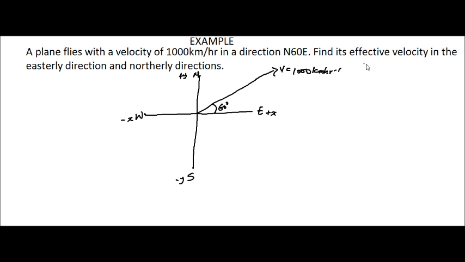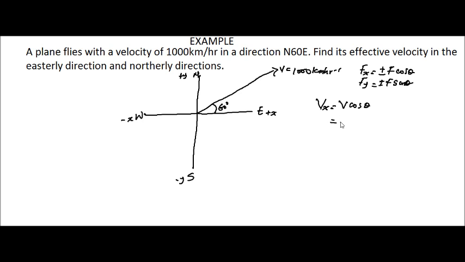Recall in the first video I told you that F subscript x is equal to plus or minus F cos theta, and F subscript y is equal to plus or minus F sine theta. Now in this case the vector we are dealing with is not a force vector, it's a velocity vector. So we can say v subscript x is equal to, now if you look at this, the x component here is positive, so it will be v cos theta.